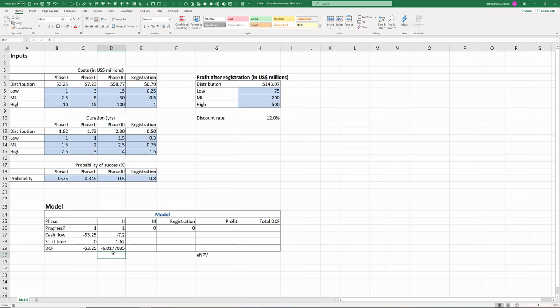All right. So that would be currency to decimal places. Okay. Now these two formulas will be the same for the rest of it. So we can copy these two formulas over.